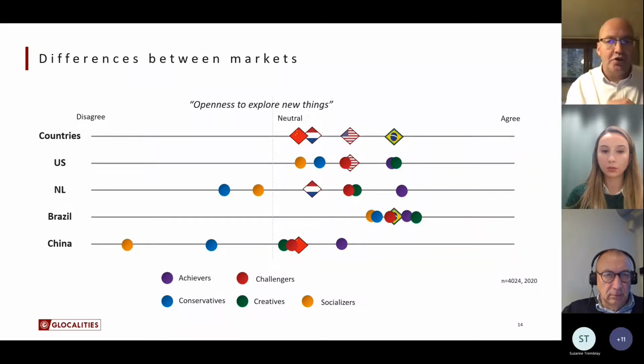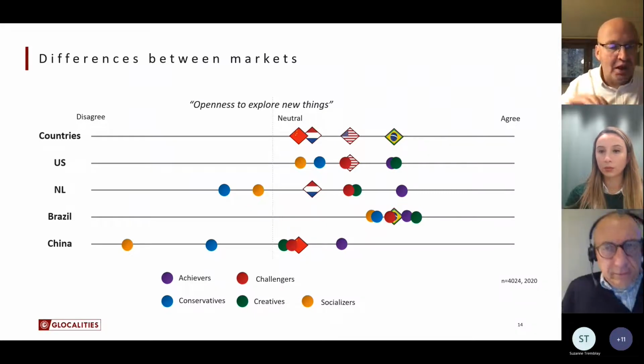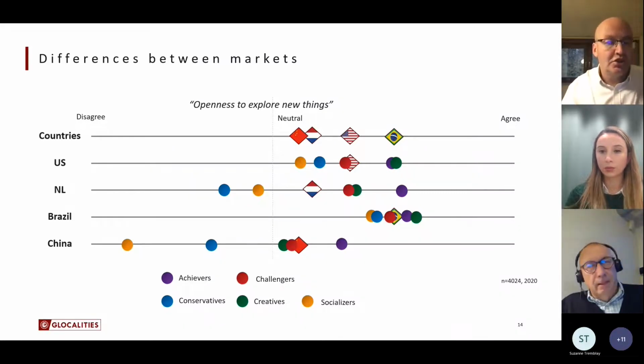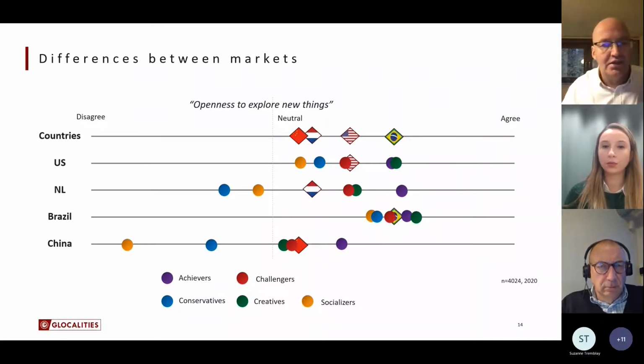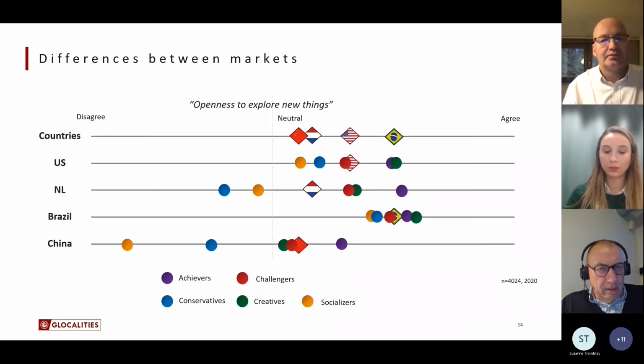They just are more focused on the status quo, living a happy life, less ambitious both in value sets and career. So this group is always behind the curve as well. And you see these groups in almost all countries, except Brazil is, in this case, a very openness explorative country.